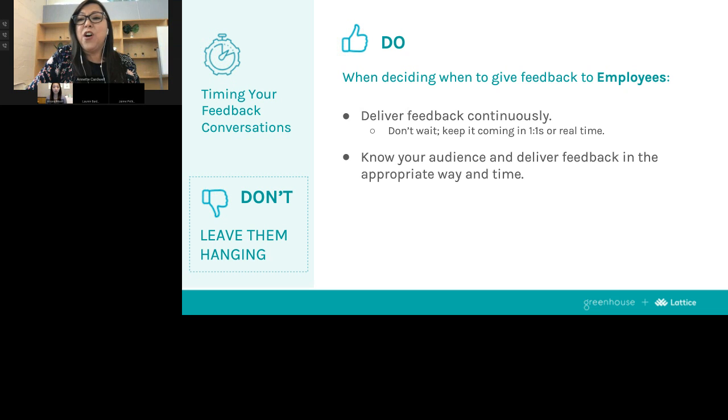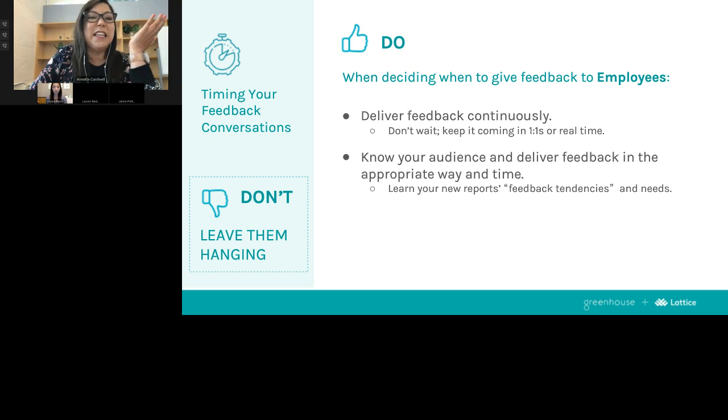Next, know your audience and deliver feedback in an appropriate way and time. So you want to learn your report's feedback tendencies and needs. Obviously, we just spent a whole slide talking about candor, but sometimes you don't want candor to be the enemy of effectiveness. So learn those tendencies and tailor your message so it can be heard.